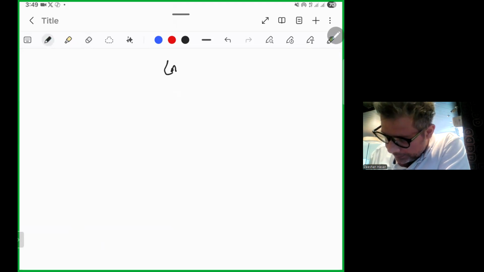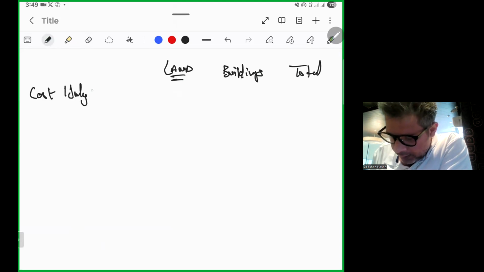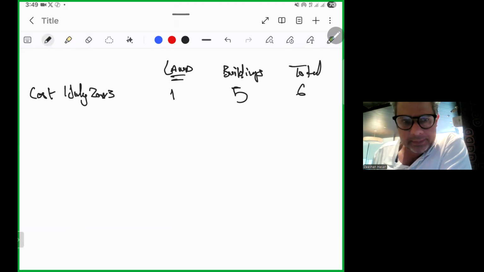We have land, we have building, and the total element, right? So the cost on 1st July 2003 is land 1, building 5, total is 6.